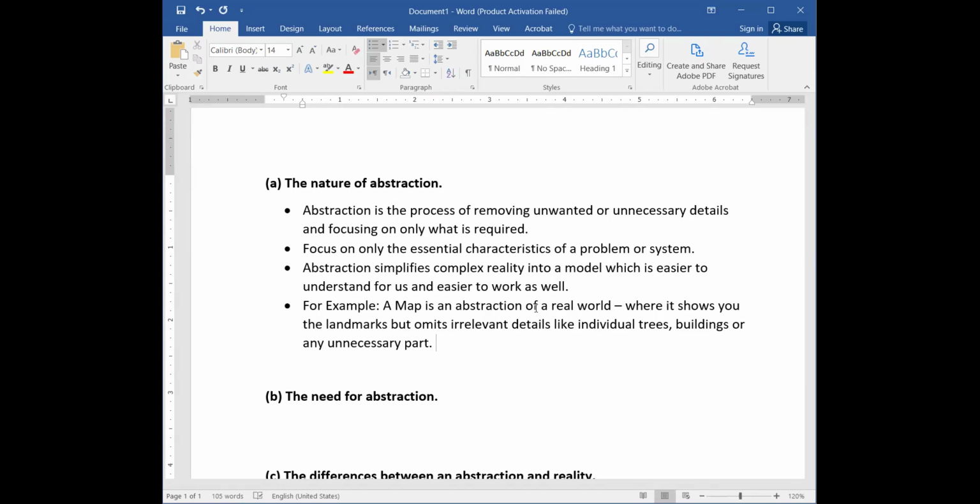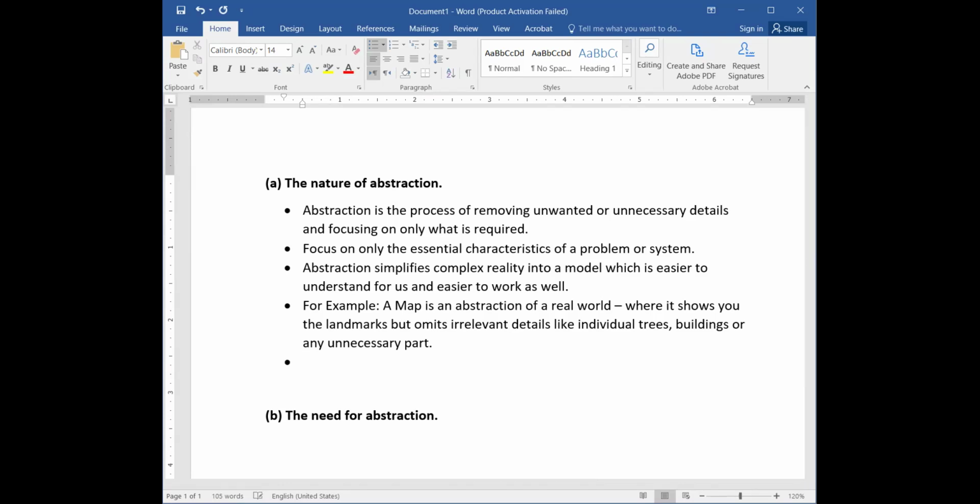So, in terms of the nature, you are focusing on only what is required.